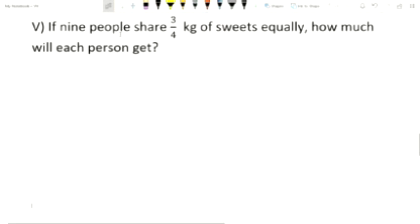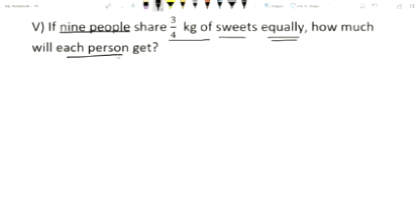If 9 people share 3 by 4 kg of sweets equally, how much will each person get? Okay. Now what is given in the question, children? See the solution. Quantity of sweet is given.